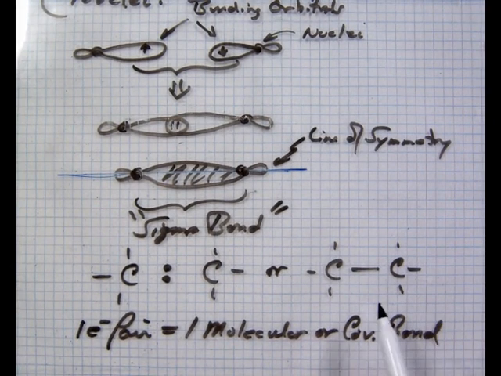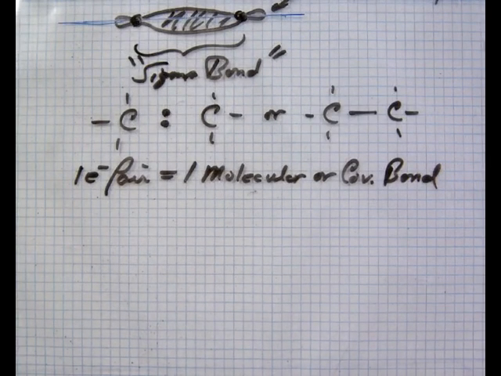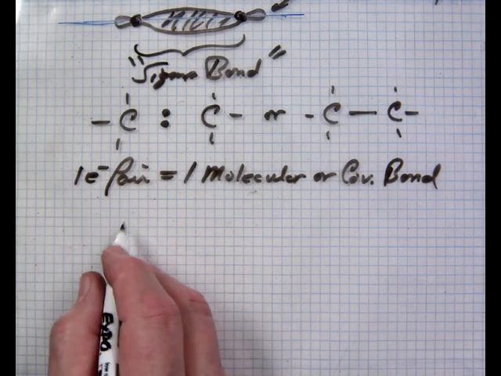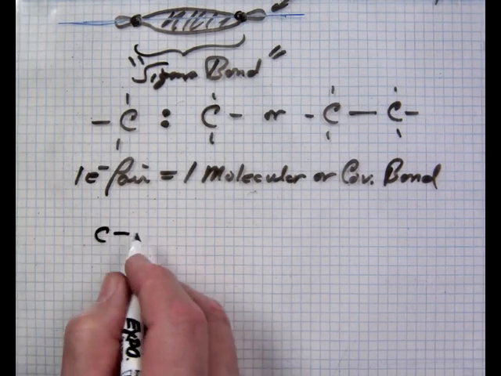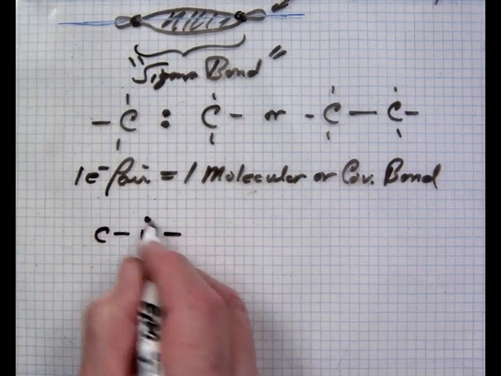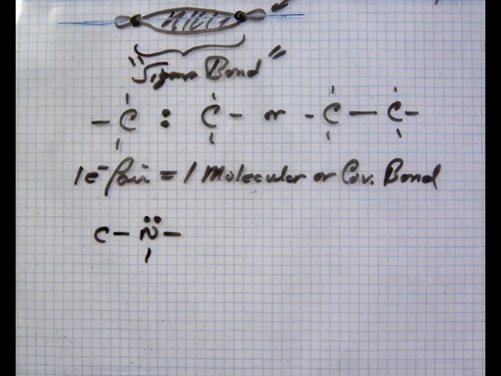By far, the bar method of representing the bonds in a structure is used. You rarely see electron pairs used to indicate the bond. You will see it in structures that have what we call non-bonded pairs, which we'll say more about. For example, if you had carbon bonded to nitrogen, nitrogen will carry a non-bonded pair.